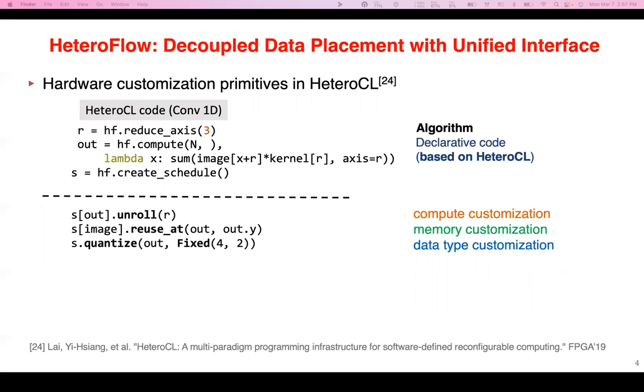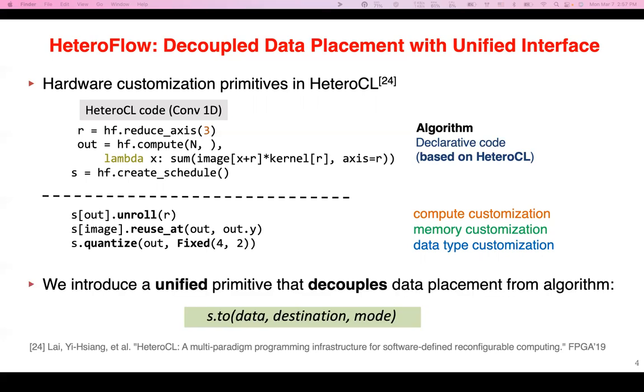In the algorithm part on the top, we realize the algorithm of the 1D convolutional kernel by declaring a reduced access and the arithmetic operations over this reduced access. Separate from this algorithm part, we can use the decoupled primitives in HeteroCell, like .unroll, reuse_at, or quantize, to unroll the loops, insert reuse buffers, or quantize the data, all in a decoupled fashion.